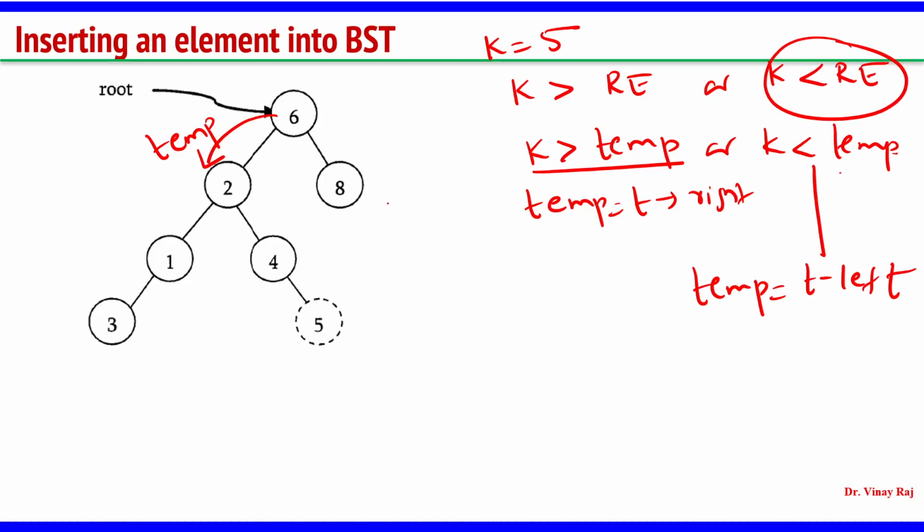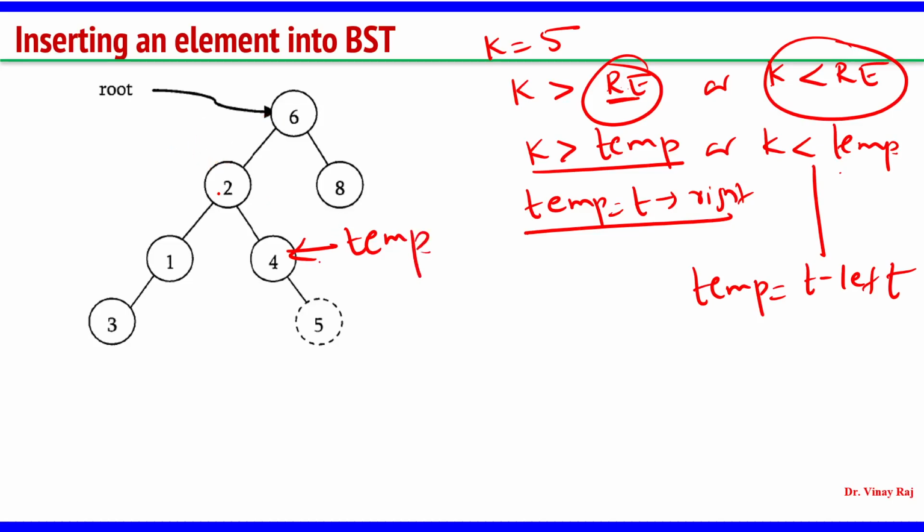Now what will happen here? Since 5 is greater than this temporary element, 2, you set temp equal to temp right. This becomes our temp now, shifted to this place. Again check whether the element you want to insert is greater or less than temp.